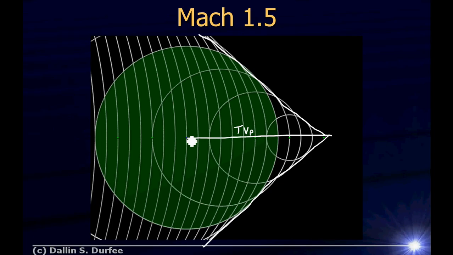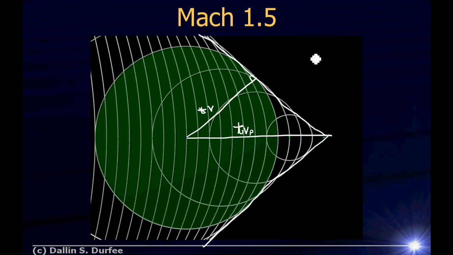This length right here goes out and just touches the edge of this circle. What's the radius of the circle? The radius of the circle is the time. Let's use a t for time, because the capital T means period. So this length right here is going to be time times the velocity of sound, which we'll just call v.